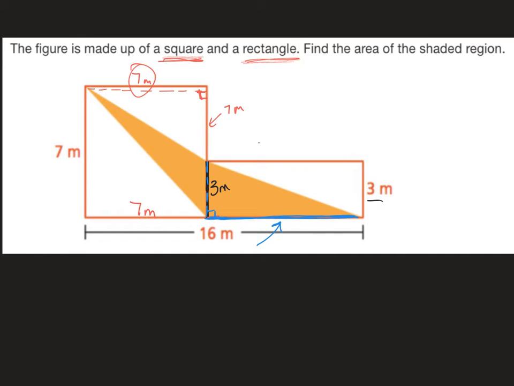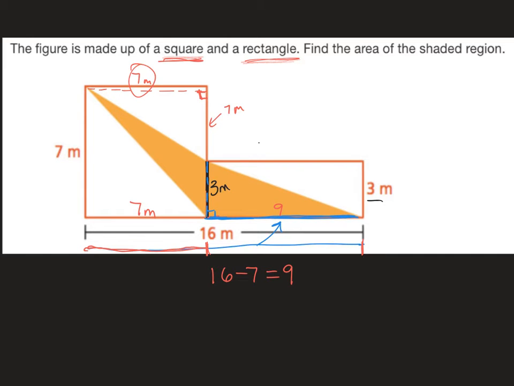Well, this section is this whole 16 minus this part. I don't want that red part, so I just want from here over to here. How do I figure that out? I need to subtract the red part from the whole thing. The whole thing is 16, so 16 minus 7 is 9. So my height here is 9.